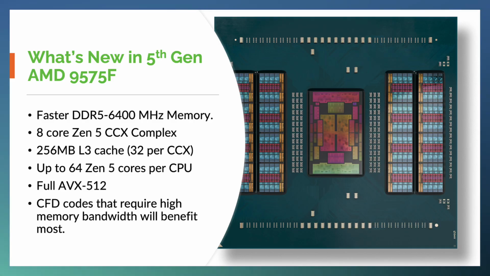This one has 8-core Zen CCX complexes, which are like little chiplets. Each chiplet has 32 megabytes of L3 cache, so the whole chip has 256 megabytes of L3. And you can have up to 64 of these cores in a CPU package, the chip you might physically see.